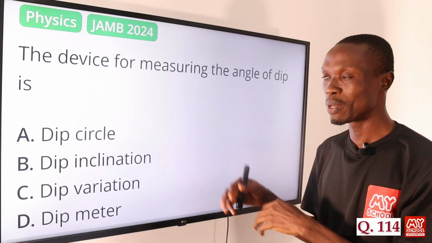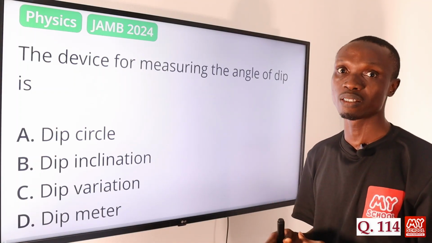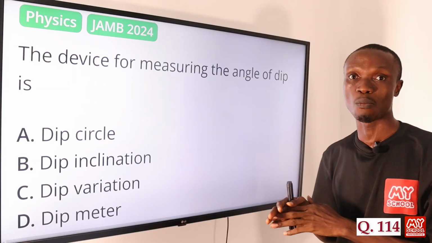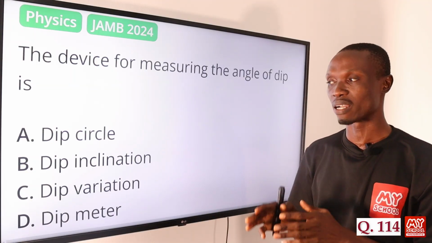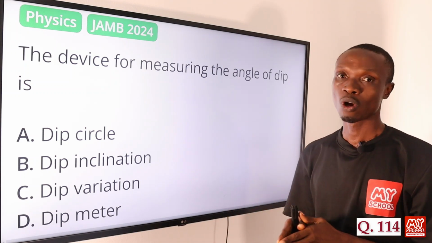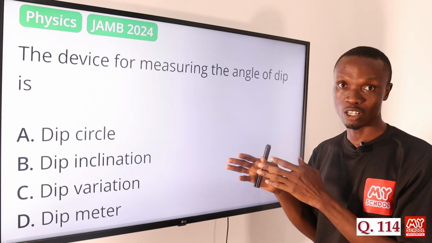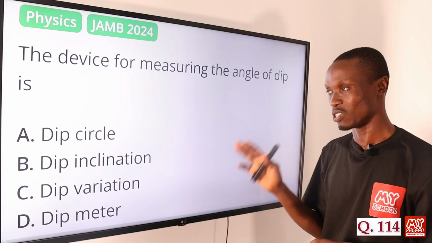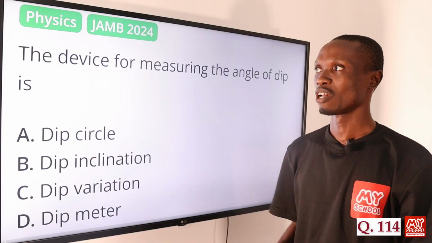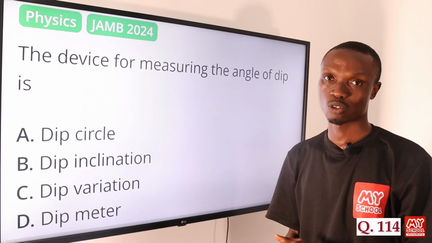The declinometer or dip circle contains a magnetic needle that can move freely, enabling it to align with the Earth's magnetic field. So the angle between the needle and the horizontal plane represents the angle of dip. So that makes option A the correct answer to this question.